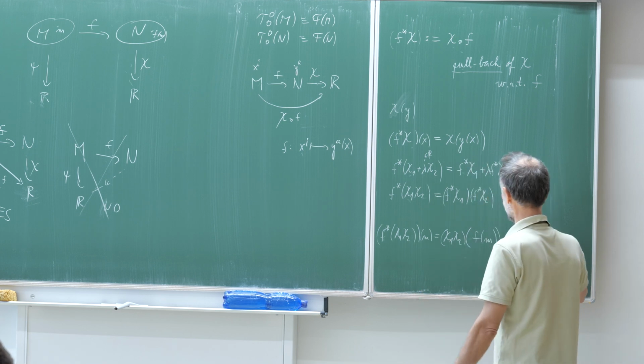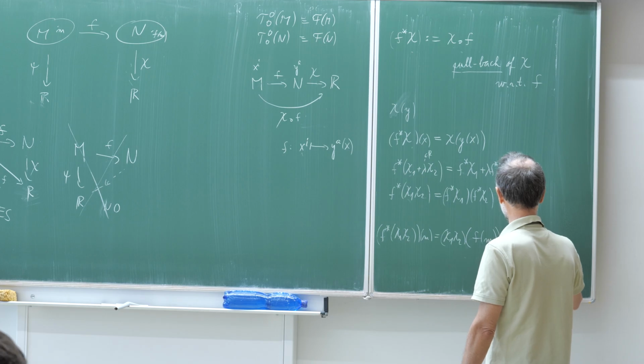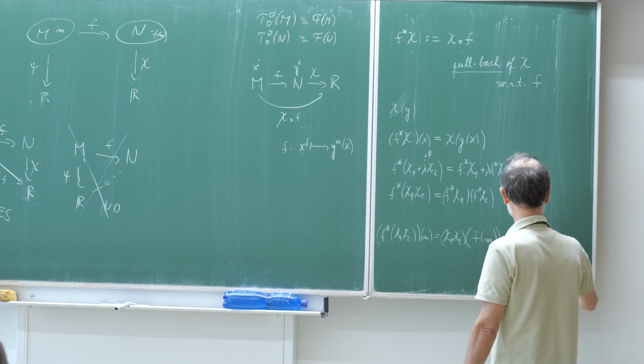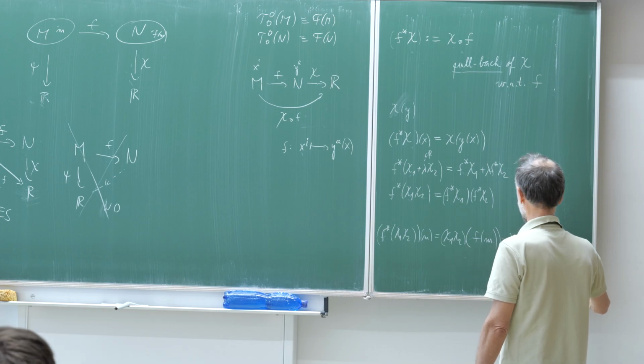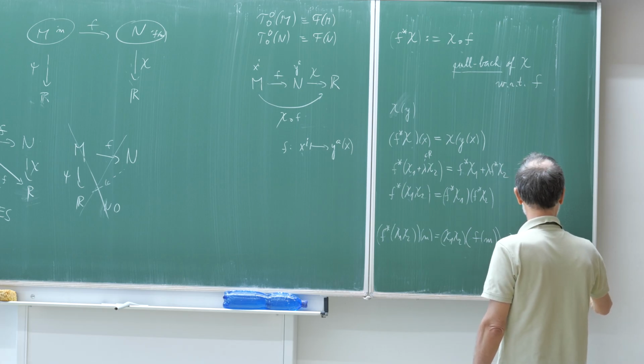It is the pointwise product, so it is chi1 evaluated at f(m) multiplied by chi2 evaluated at f(m).